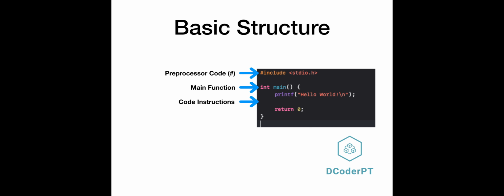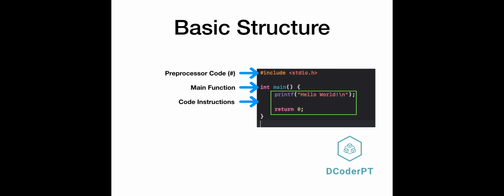Another important concept is the concept of code blocks. A code block is something that is usually between curly braces. So in this case, the printf and the return 0 are the main function's code block. Usually whenever we have a code block, we indent it a tab further than the previous part of the code.